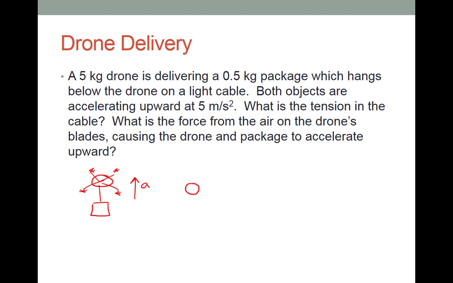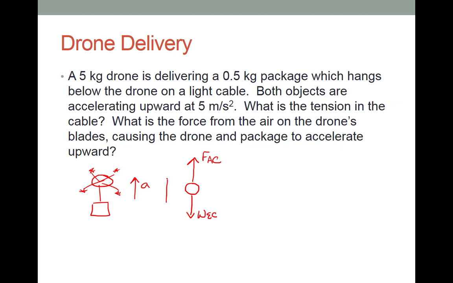So in that case, I only have one free body diagram to draw. I have the force from the air on the drone and its blades, but we'll just use C for the combined drone package set, if you will. And we have gravity acting downward on that.